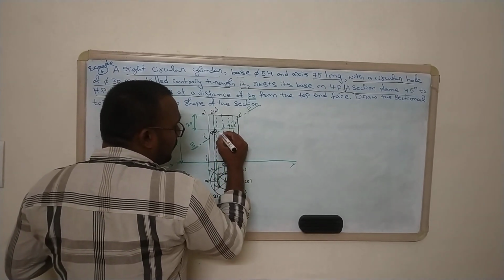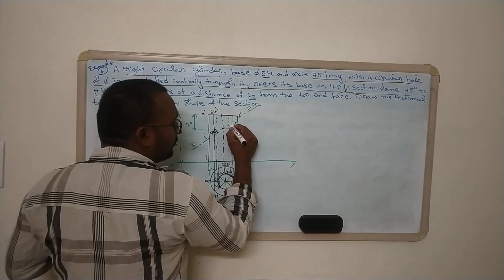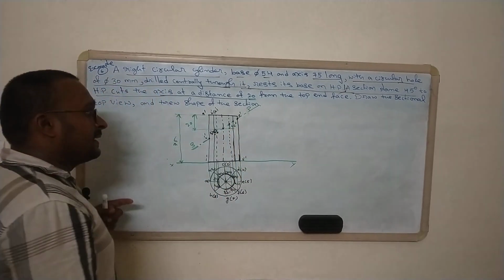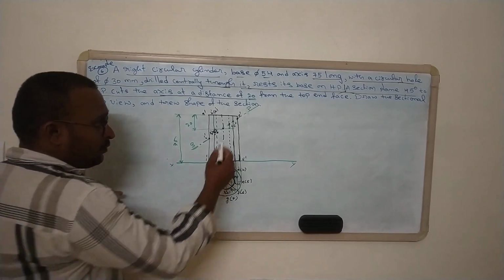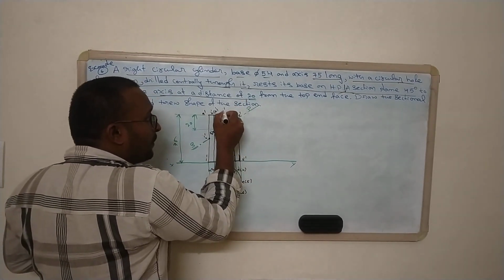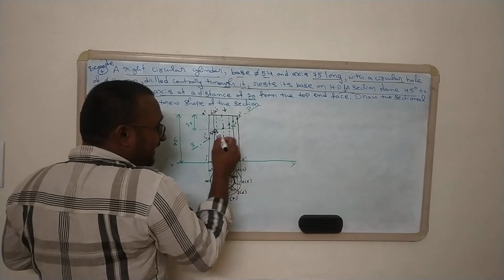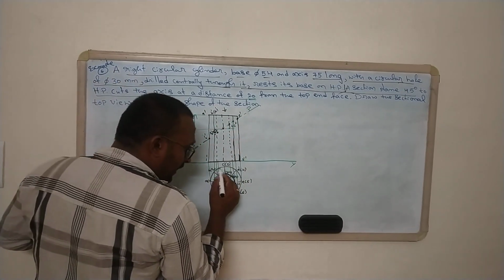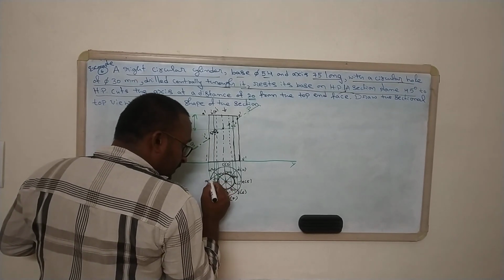In a similar way we need to mark all of them, including the center line. If we see from the top view, after completion of that cutting action, if you remove this particular portion, the total area is going to be cut.